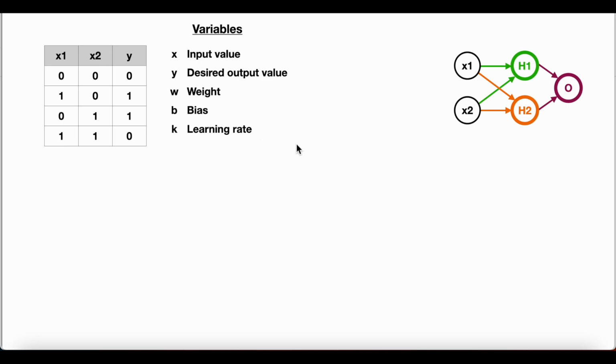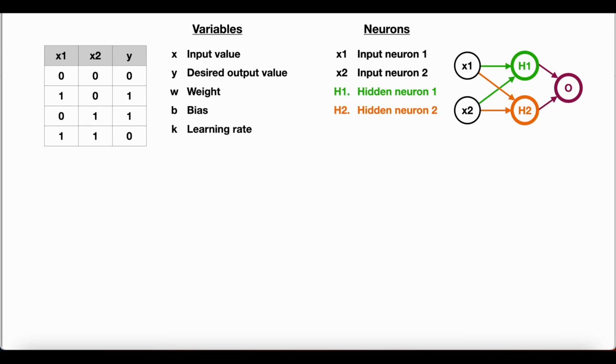Once again, here's the network, and the neurons are going to be assigned x1 and x2 for the 2 inputs, h1 for hidden neuron number 1, h2 for hidden neuron number 2, and O for the output neuron.